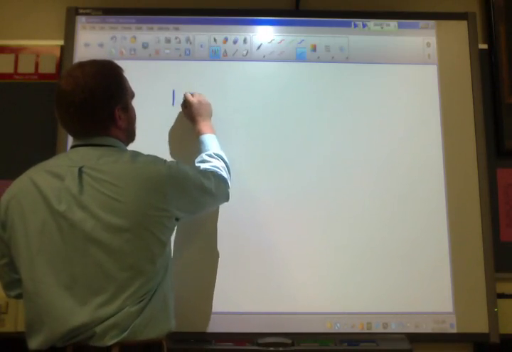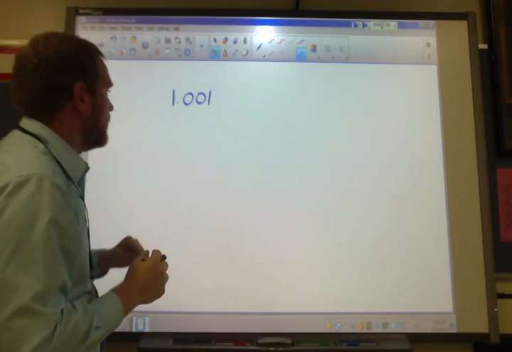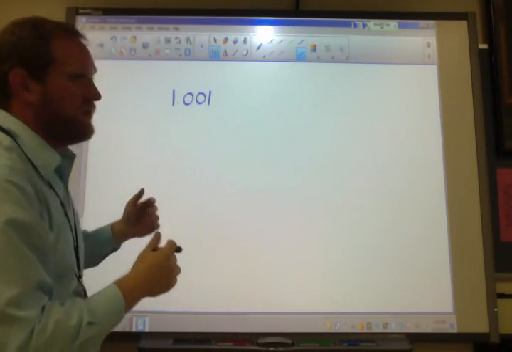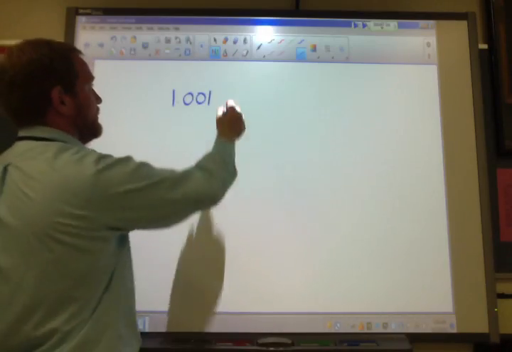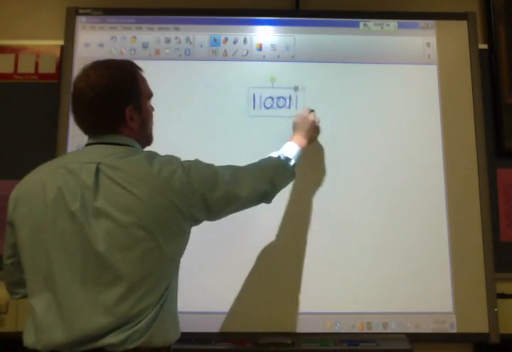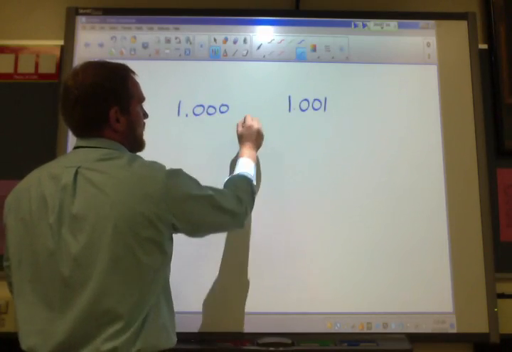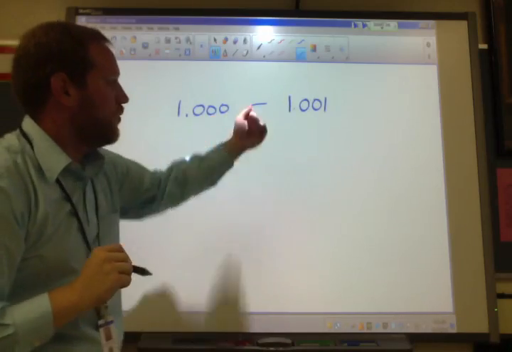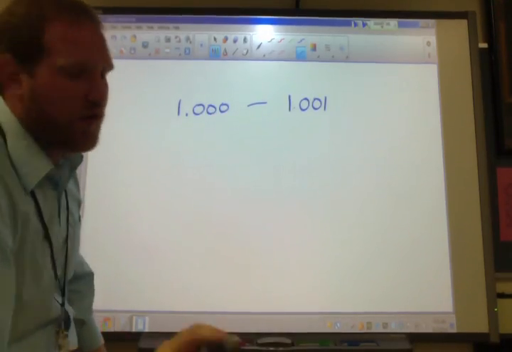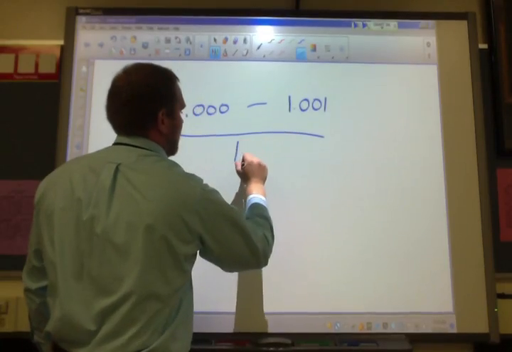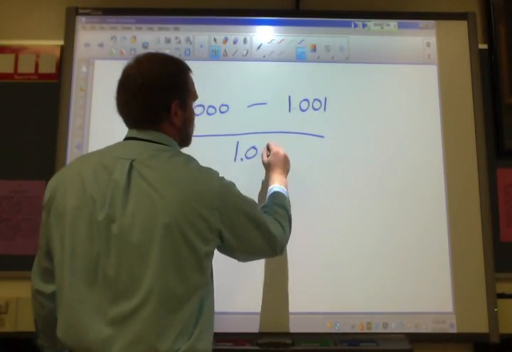So we had 1.001 and we had 1. Now, again, it doesn't matter which one you put first, but just to be consistent to myself, let's put what it should have been, which was 1.000 minus 1.001, so that's how far off I was, divided by 1.000.